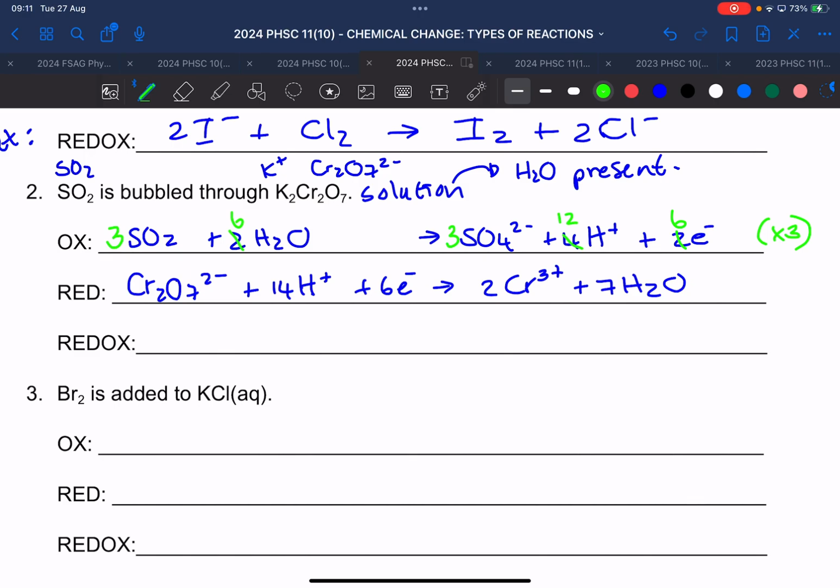No. This is not a fraction. Because if you multiply the bottom by 1 with 3, then the electrons do not cancel out. Simple. Then what's the next thing that we do?